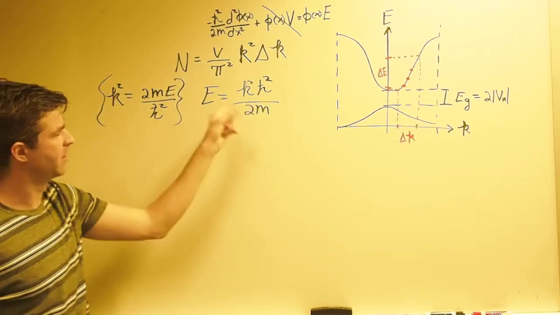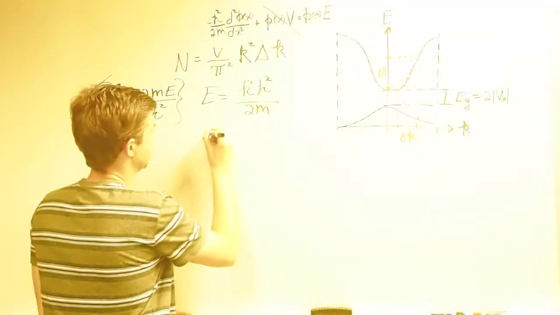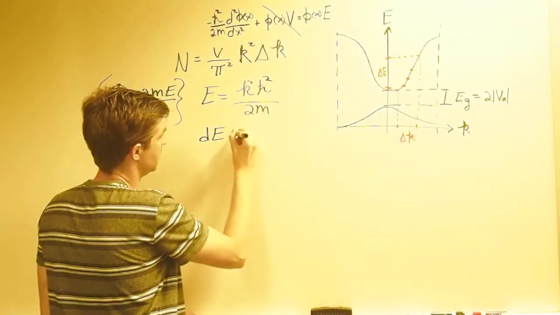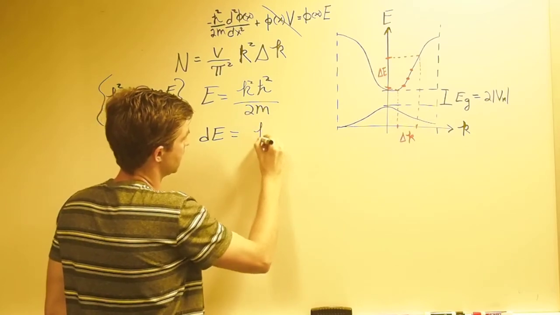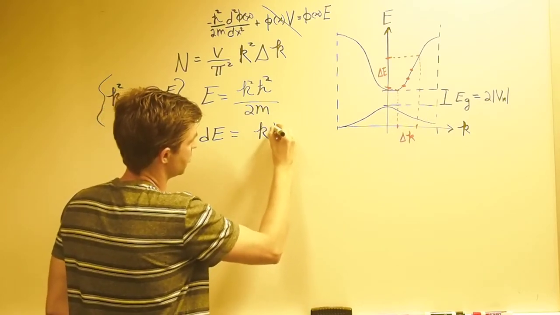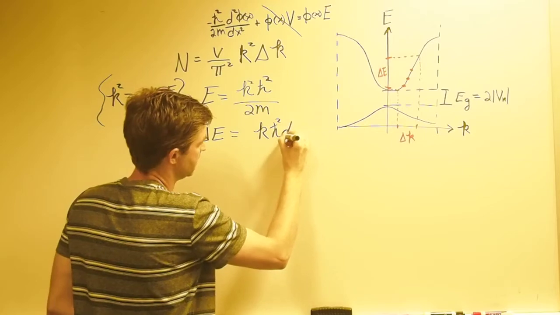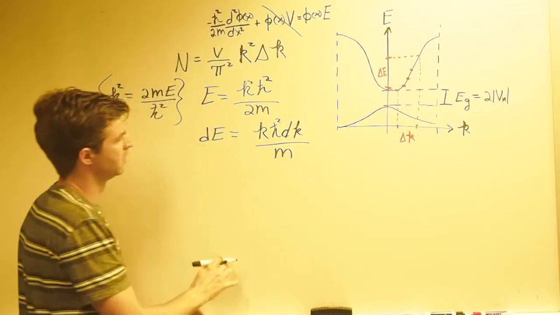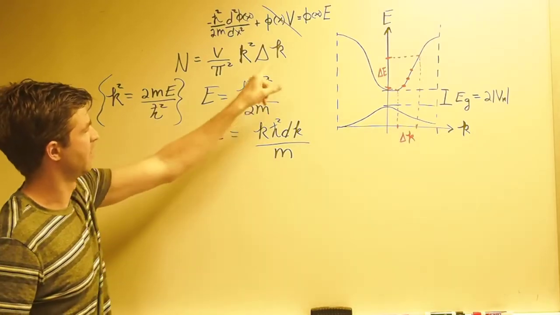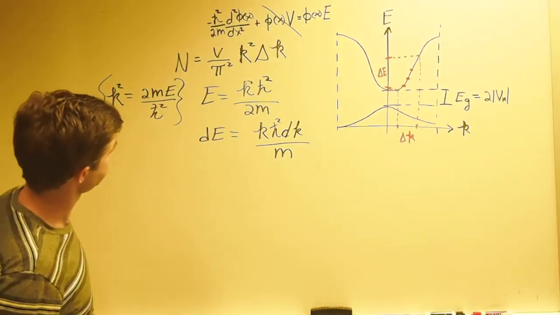If I take the derivative on each side, I get dE is equal to k h bar squared dk over m, right? Well, dk is delta k, right?